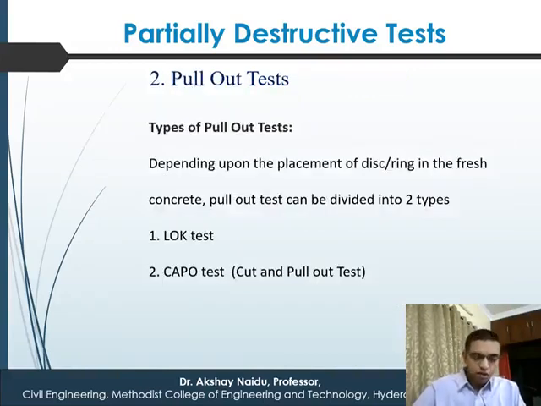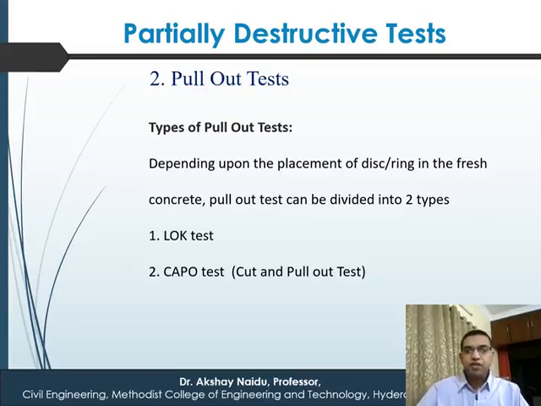Once the core is extracted, you do tests such as put it in a compression testing machine and find the compressive strength, or we can do the split tensile test and accordingly find the value of the tensile strength of the concrete. So this is a standard way of examining the strength of concrete using cores.